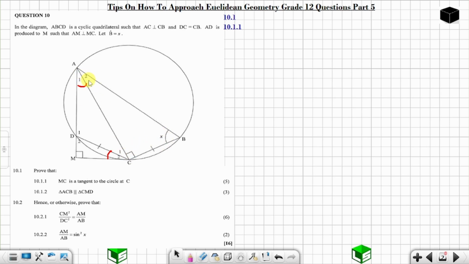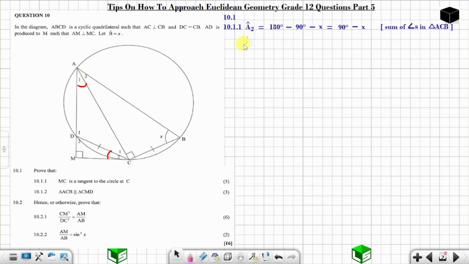We can find A2. So angle A2 is equal to, this is a triangle. Angle A2 is equal to 180 minus 90 degrees minus x. This is equal to 90 minus x. The reason is sum of angles in triangle ACB.